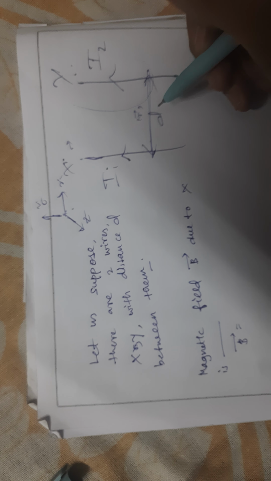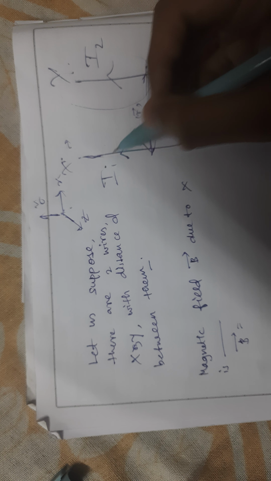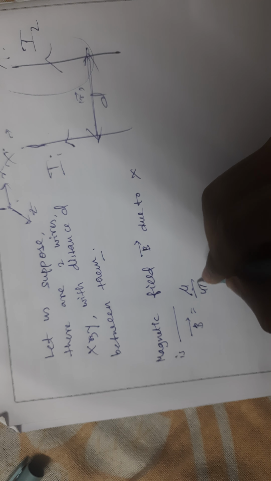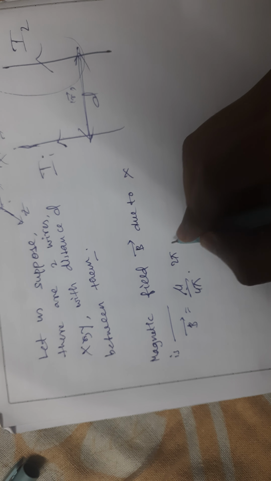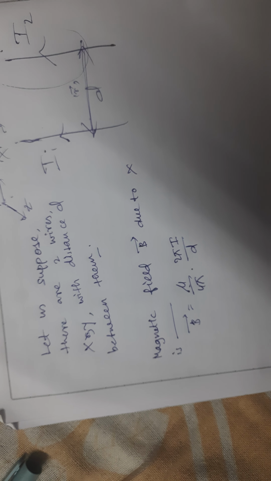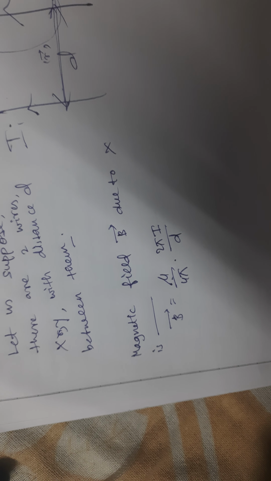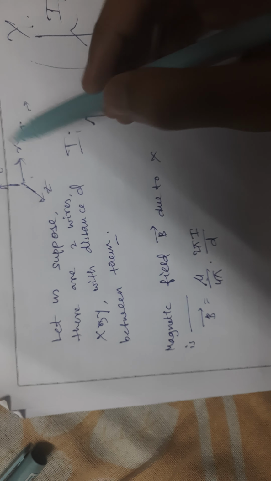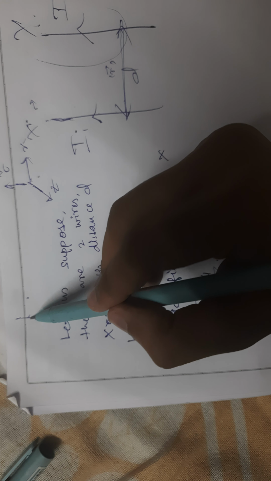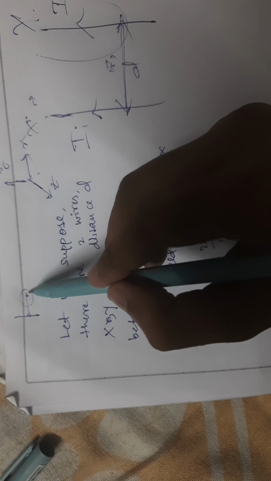This is the R vector, and now if we know the formula, which is mu naught by 4 pi into 2 pi I by d, right? This is the formula for an infinite long wire for finding the magnetic field at a point, right?